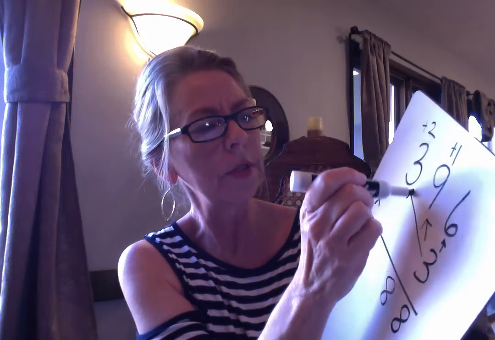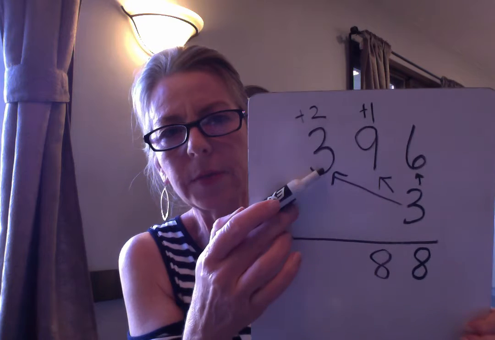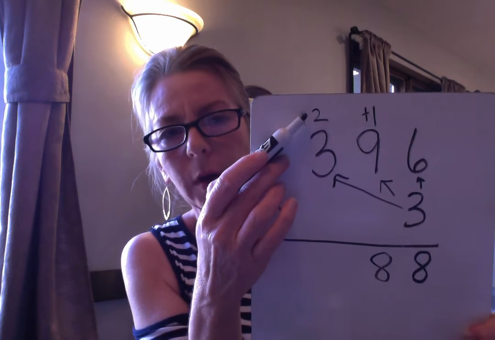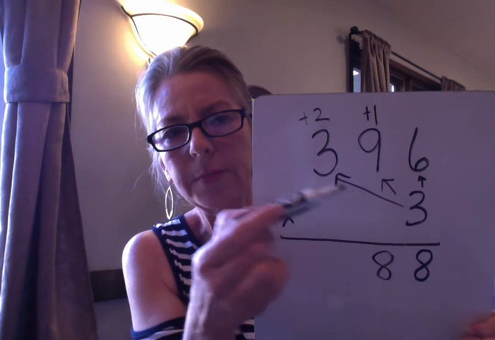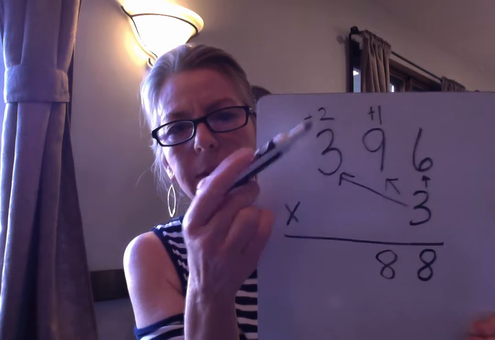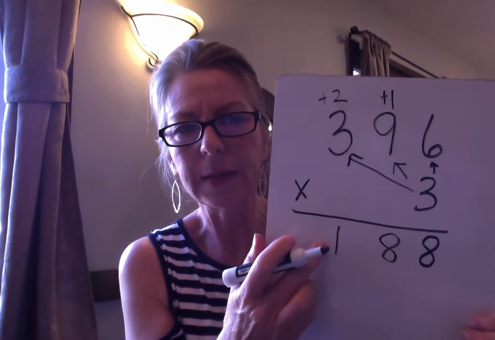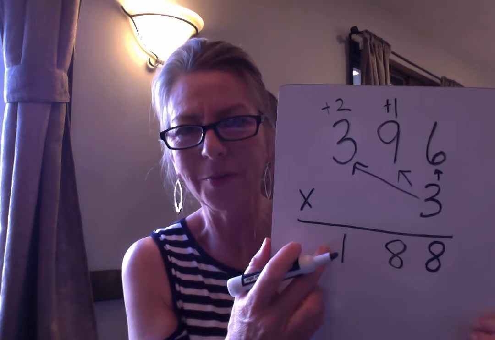Okay, now we take our multiplier 3 times, and we're going to multiply 3 times our hundreds. So 3 times 3 is 9. Now I have to add 2 more at the end. 3 times 3 is 9, plus 2 is 11, right? Okay, so now we don't have any thousands, but we would really need to rename these 11 hundreds as 1,100, right?